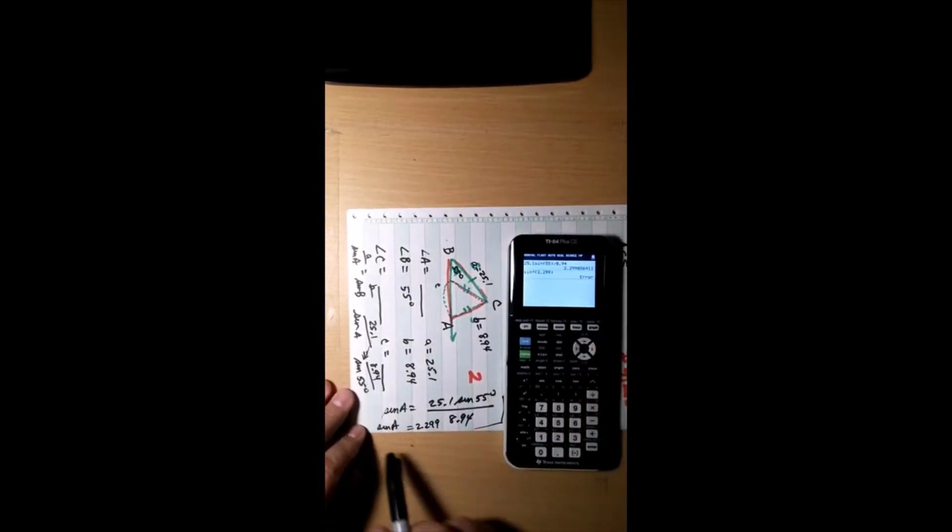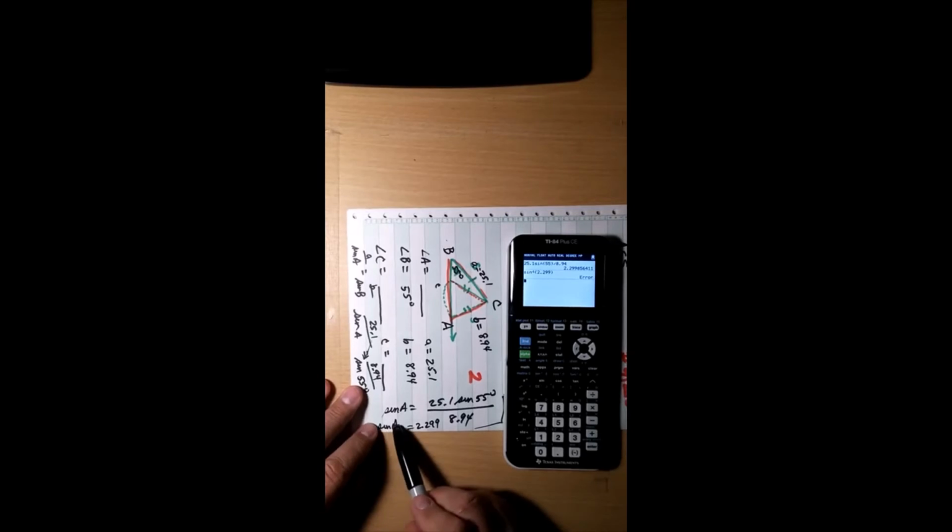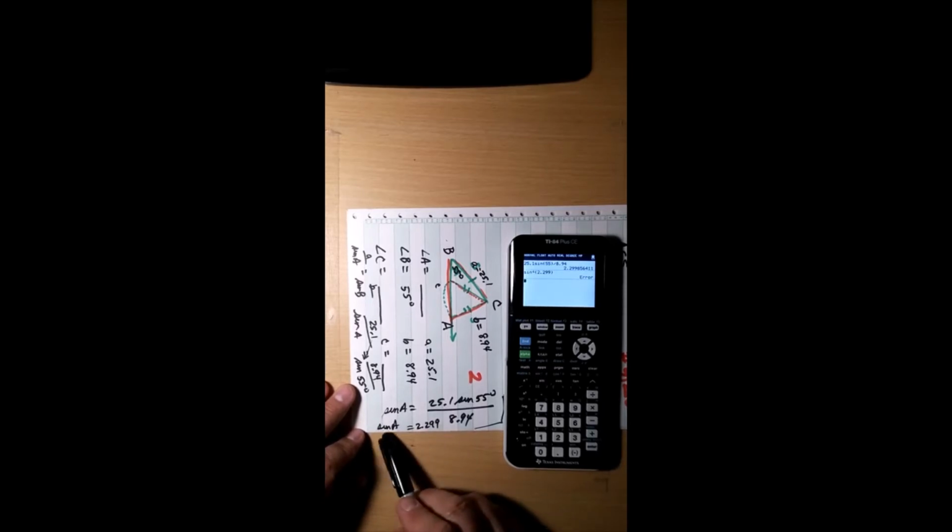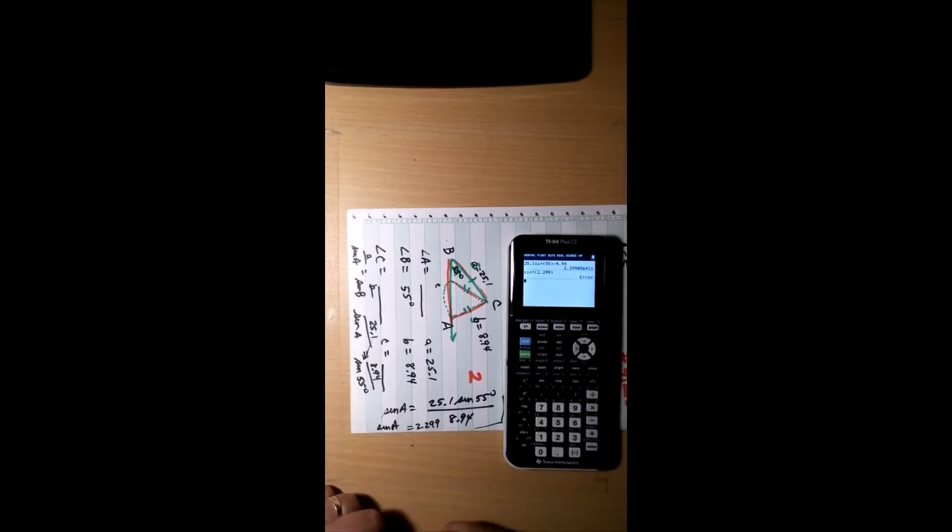It's easier to go back and look at this. How big can the sine's value be for any angle? +1. How small can the sine be for any angle? -1. The sine goes from -1 to 1 inclusive. 2.299 is not possible by taking the sine of some angle.